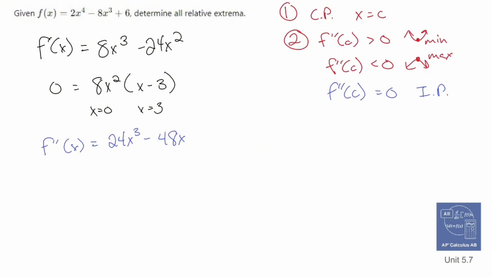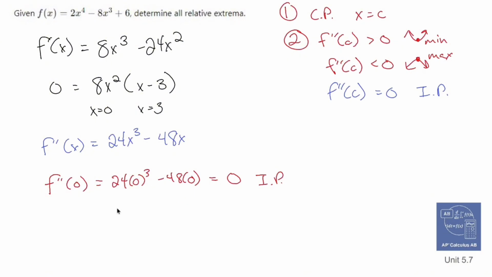We might. So I have 0 and 3. So f double prime of 0 is going to be 24 times 0 cubed. Remember a second ago how I said that we'll see if we have to worry about it? Well, guess what we just got? We just got an inflection point, which is not a type of extrema.